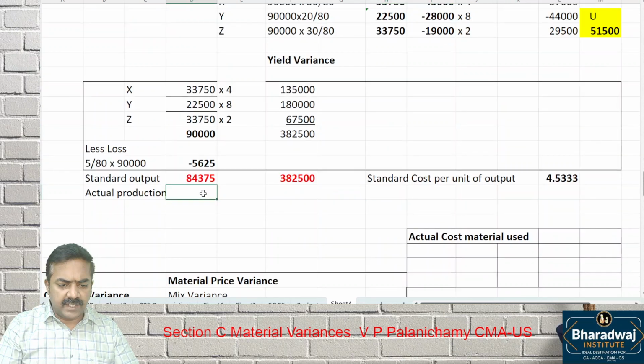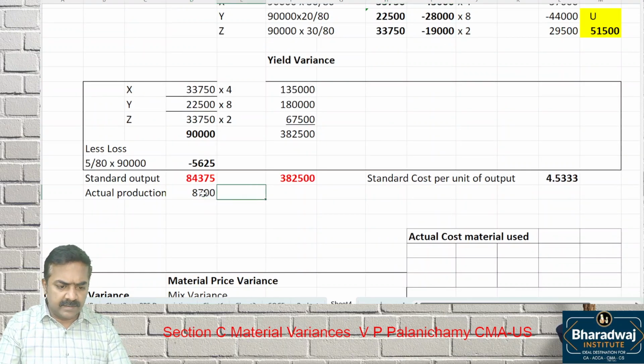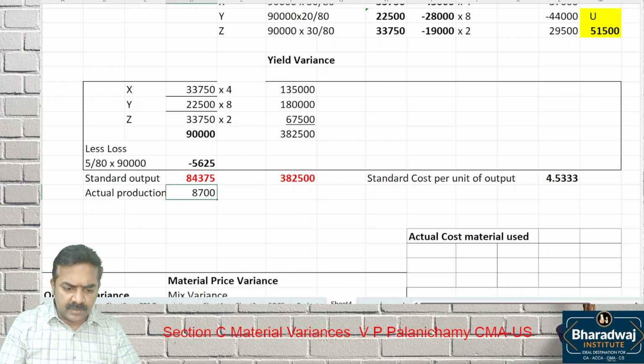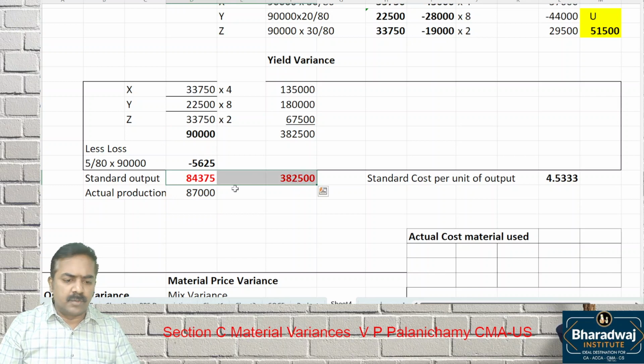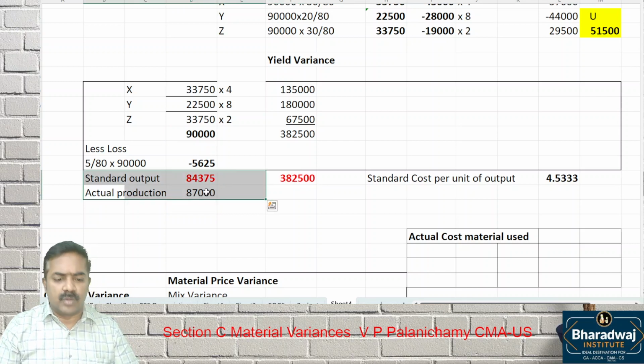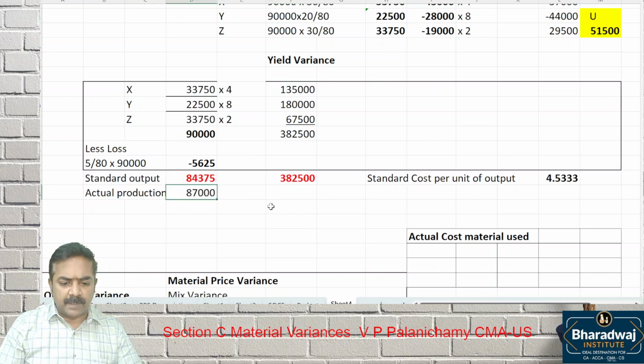We manufactured 87,000 kg, so we got more yield. Expected yield is for 90,000 usage; after the loss, this is the expected output. But actual production is more, so we get a positive yield.